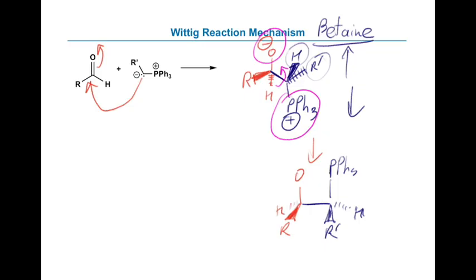The reason I'm doing that is it allows me to take my two charges and associate them together. I'm basically putting them close to each other by Coulombic attraction. Oxygen finds phosphorus. Yes? That's the key. It was a carbonyl group. It's not a carbonyl group anymore.